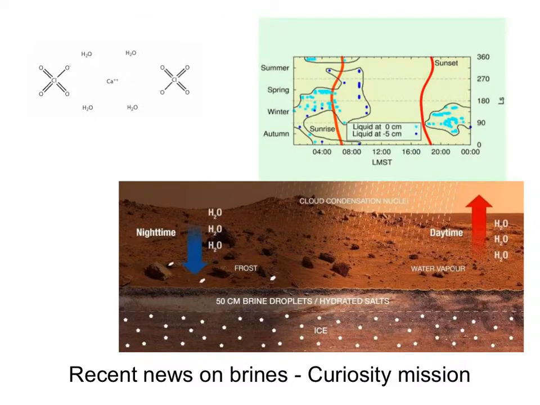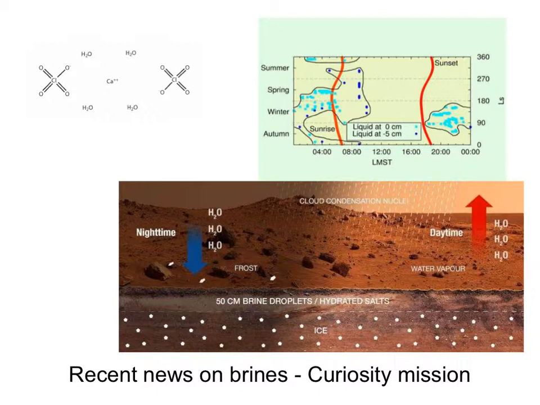What is of particular interest is that people are recognizing more and more that highly salty water called brines could actually be stable in the current conditions we have on Mars. The more salt that is in water, the lower its melting temperature, and the more resistant it is to evaporation.